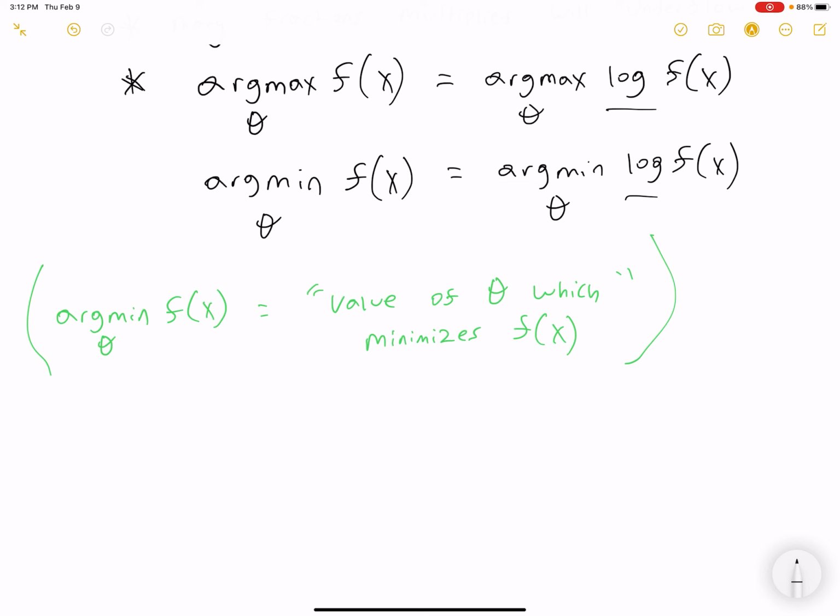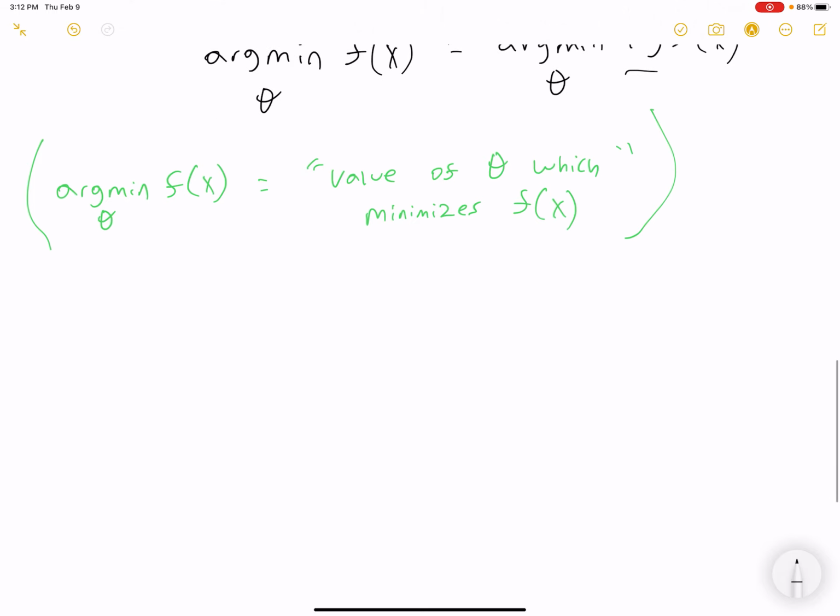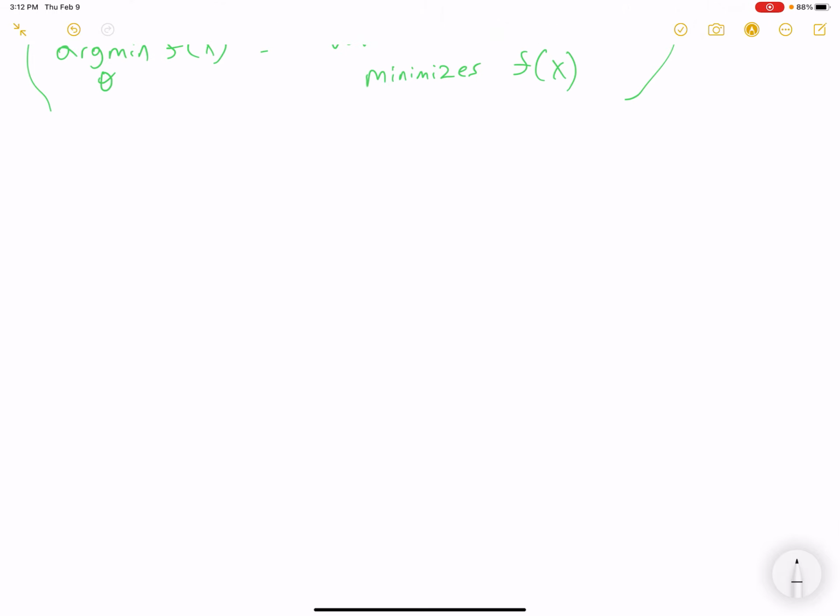Same for argmin. Okay, so using that, what we want to prove now is this big takeaway that we ended class with last time.